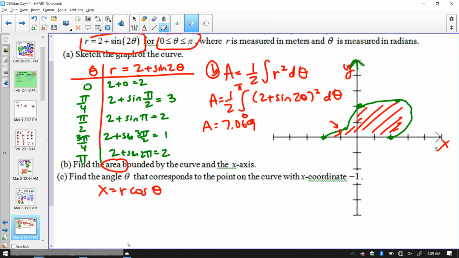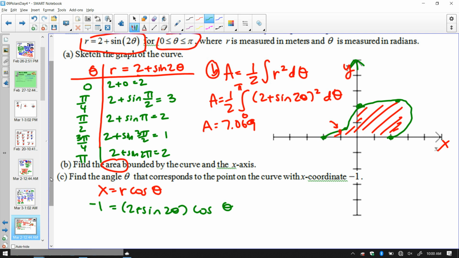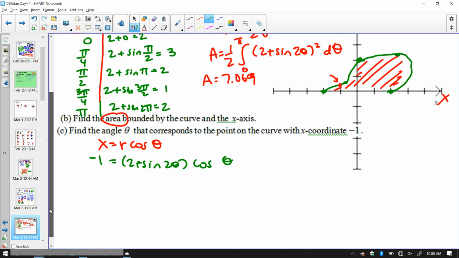And all they want me to do is say x is equal to -1. I know that. They told me that. What's r equal to? 2 plus sine 2 theta. I know that. They gave me that. And I already have this cosine theta. So guys, I have an equation. The question is, what is theta? You guys see how easy this is? It's only easy if you know x equals r cosine theta.